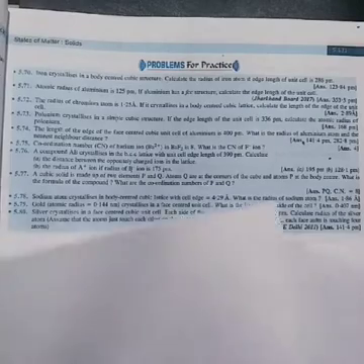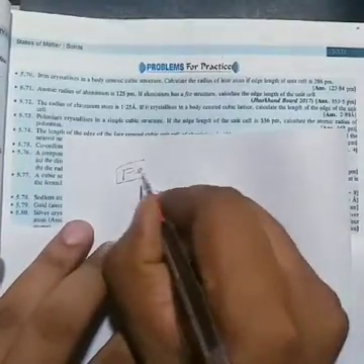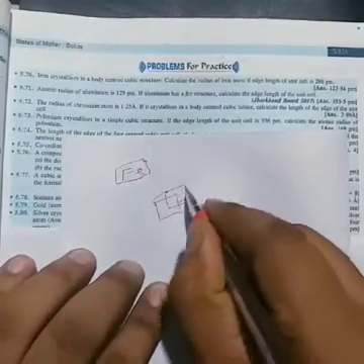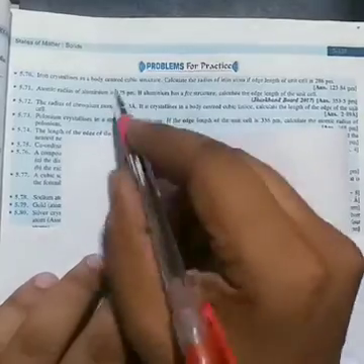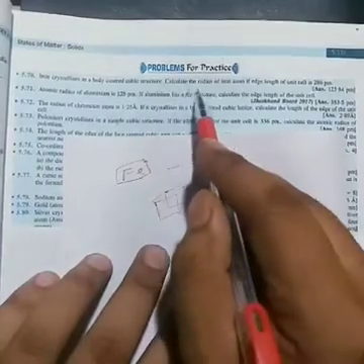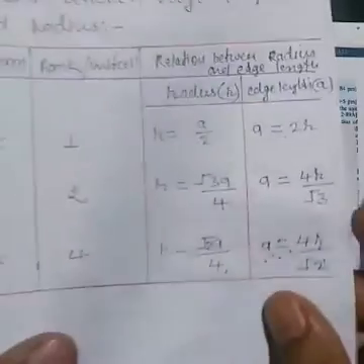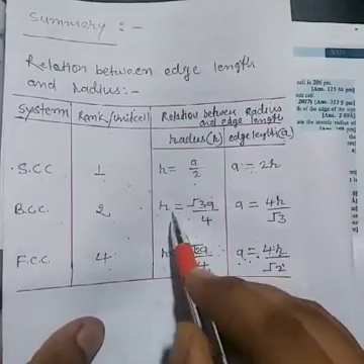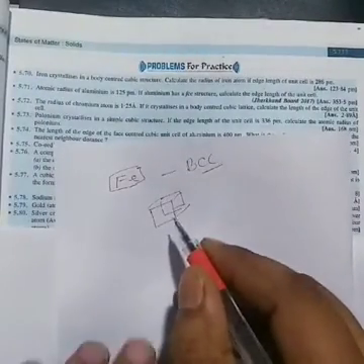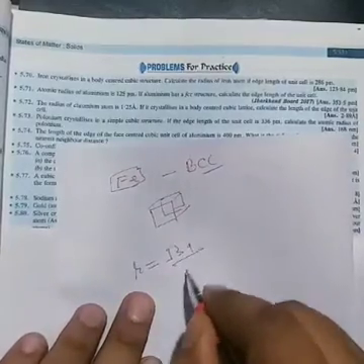Iron crystallizes in a body centered structure. It is very important. The crystal of iron metal has BCC, and calculate the radius of the iron atom, with edge length given. Now see here, students, the formula for body centered: R equals under root 3 a upon 4.